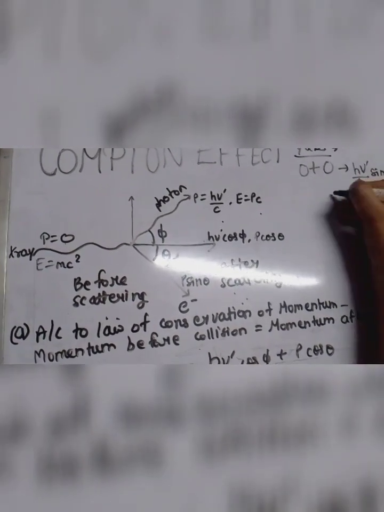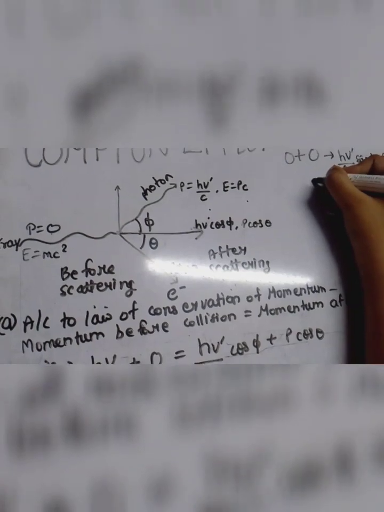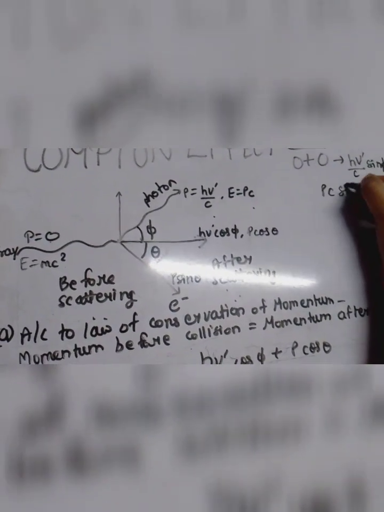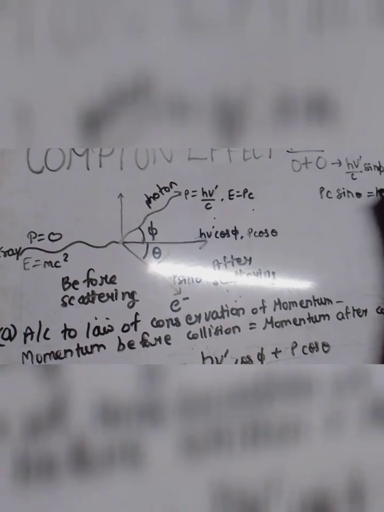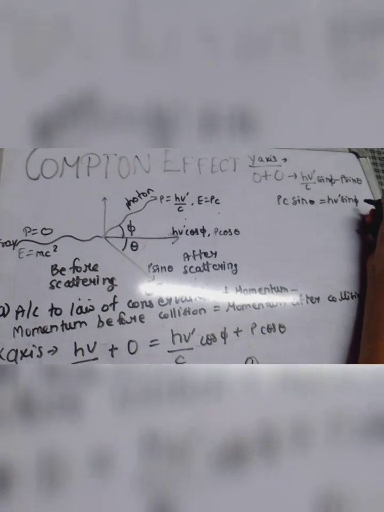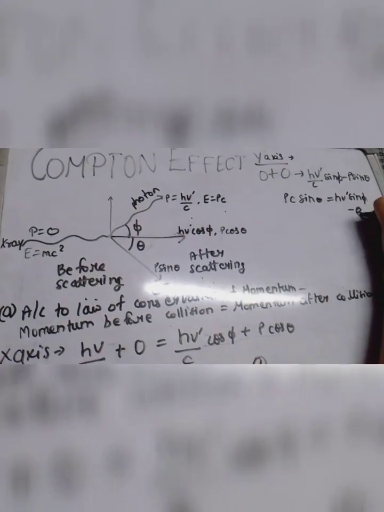Now I am bringing this here because it is minus, so it will become plus, and this c will come here. When you solve this, it will look like this. Here you can see our second equation.